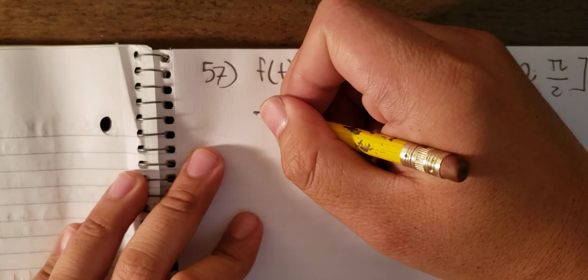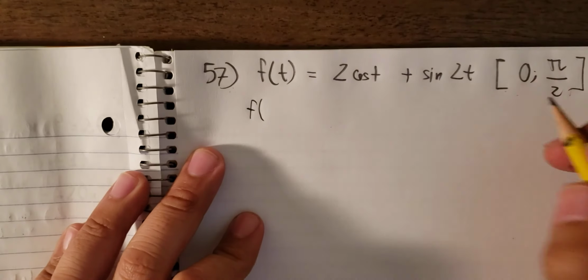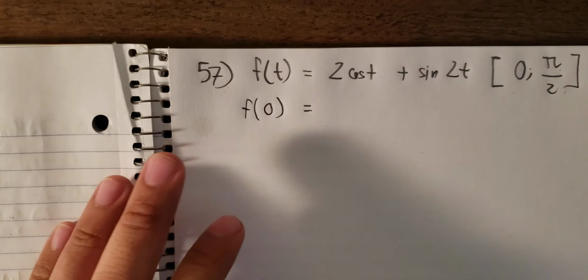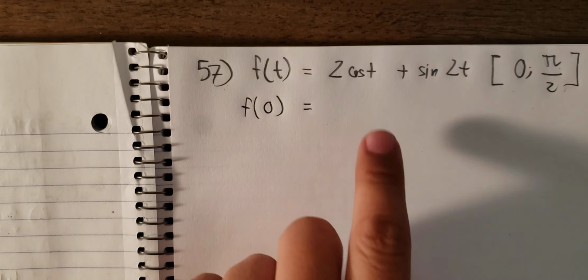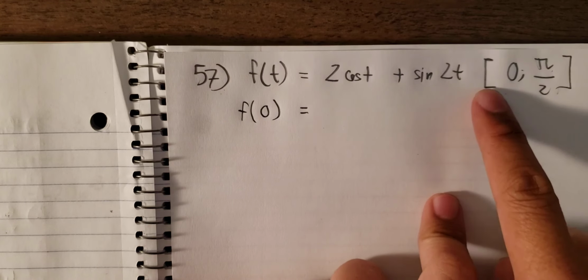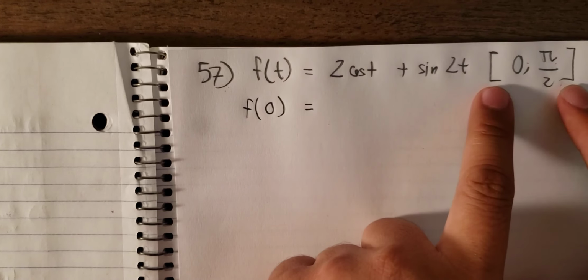In the first step, we plug in two numbers, because we want to compare the maximum and the minimum with the values at the two endpoints of the interval.